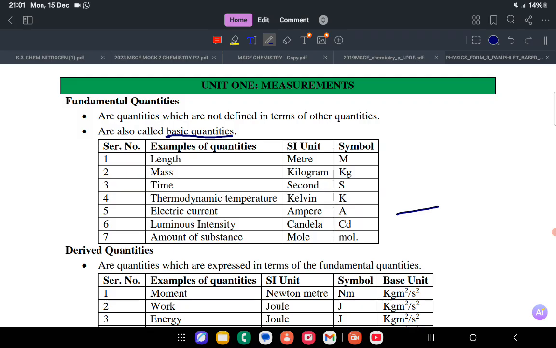You can look at a fundamental quantity as a brick. A building starts with a small brick, and many bricks together will form a building.